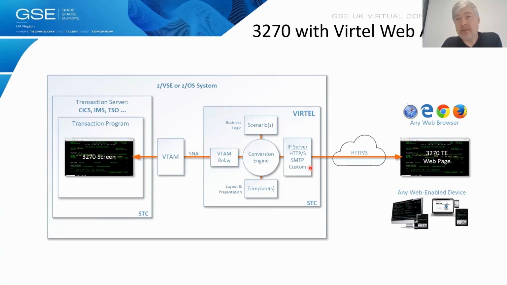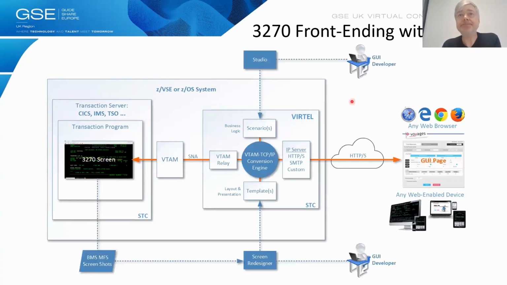And this is where VSR comes in, for all the front-ending. Basically, what we're going to be doing with VSR is building a different set of templates to change the way that Virtel displays the 3270 screen in the web browser. So how does this work? VSR, Virtel Screen Redesigner, is a tool that you install on your desktop outside of the mainframe.